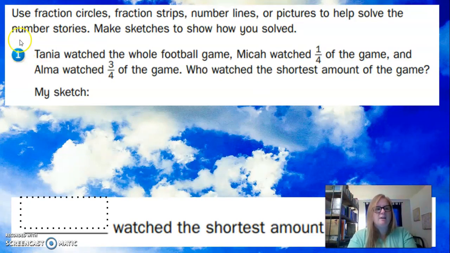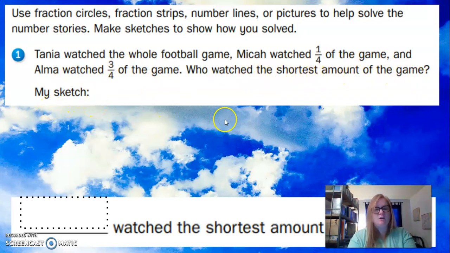All right, so here, use fraction circles, fraction strips, number lines, or pictures to help solve the number stories. Make sketches to show how you solved. Tanya watched the whole football game. Micah watched 1/4 of the game, and Alma watched 3/4 of the game. Who watched the shortest amount of the game?